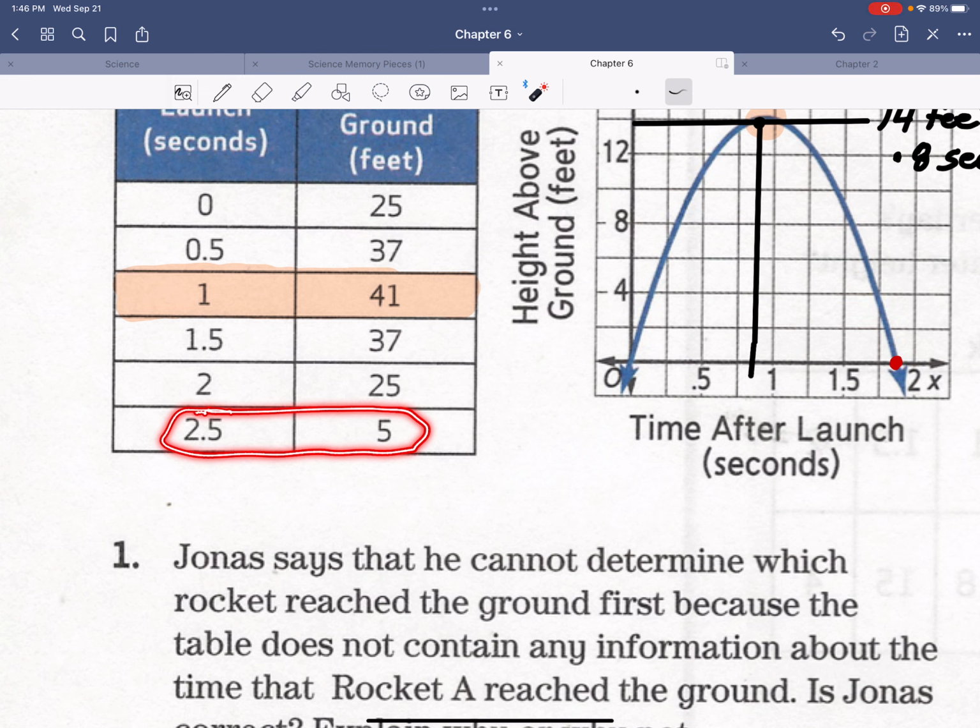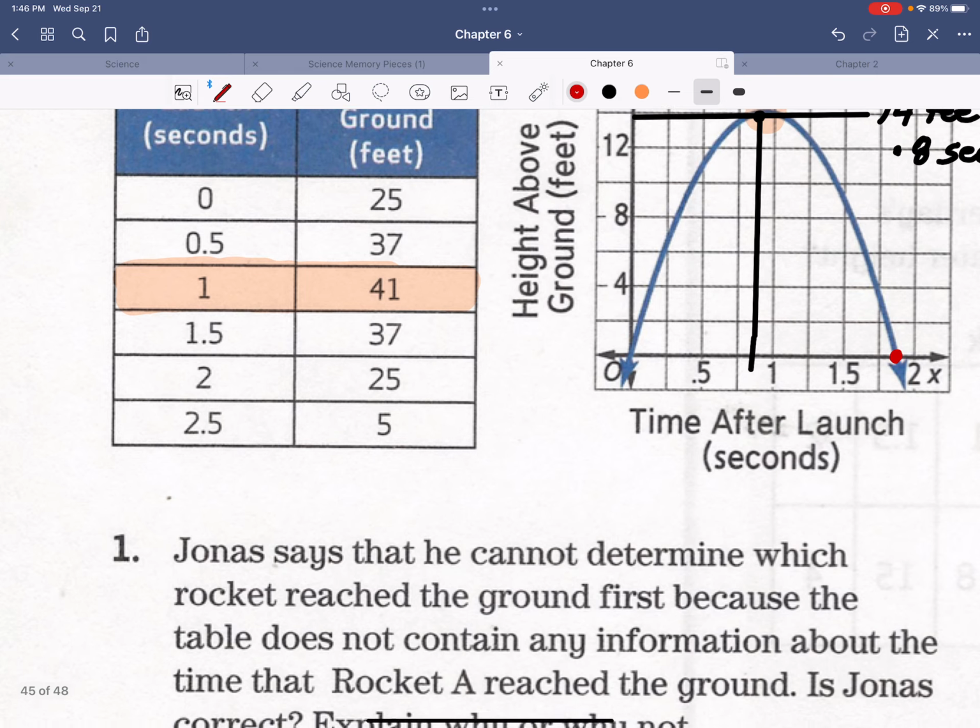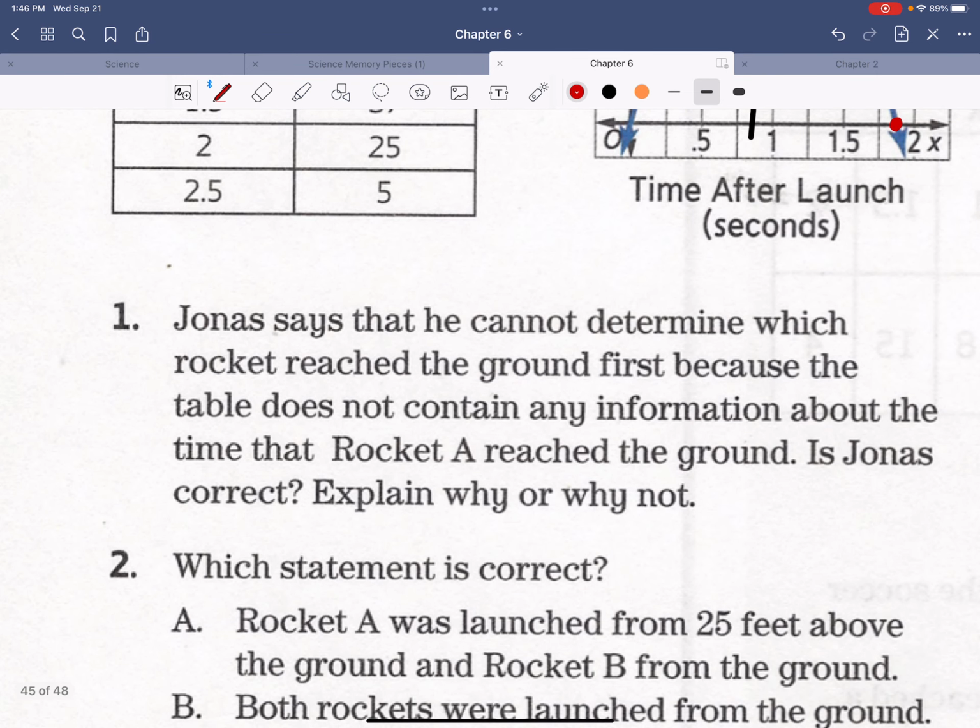So I can tell you that B got to the ground first, because at 2.5 seconds, A was still in the air, but B was at the ground before 2. But I can't tell you precisely when it happened. So I'm going to go with that Jonas is correct.